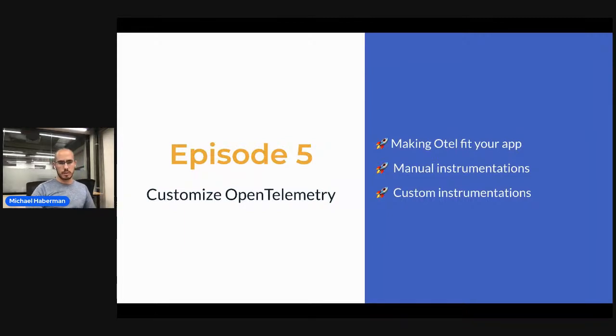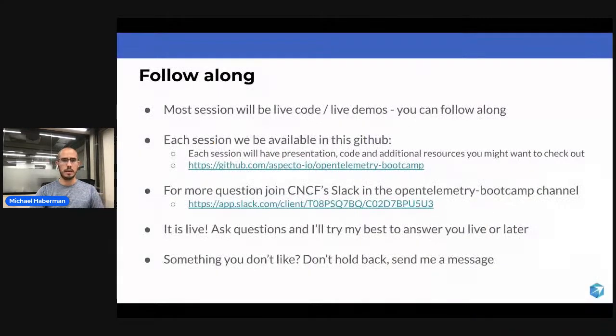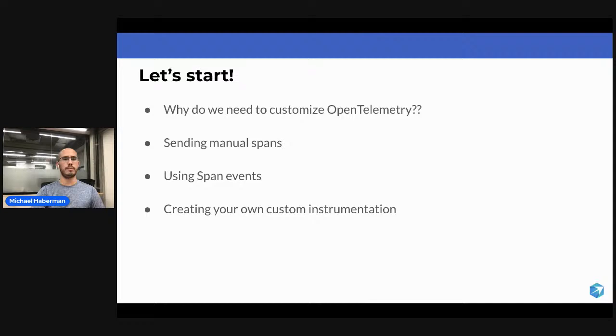So let's get started with today's episode. Our goal for today is, first I'll explain why we even need to customize OpenTelemetry. What's the motivation there? We'll take a look at things that, if you've been with us the entire bootcamp, you may already have seen to some extent, but I'm going to show you in a bit more detail.